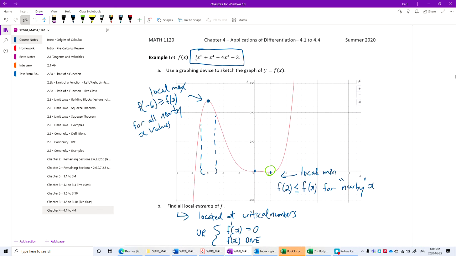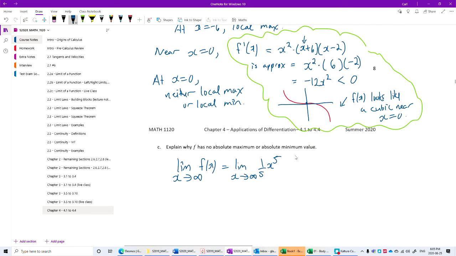So it's x to the 5th over 5, minus x to the 4, minus 4x cubed minus 3. Well, how do I evaluate the limit?